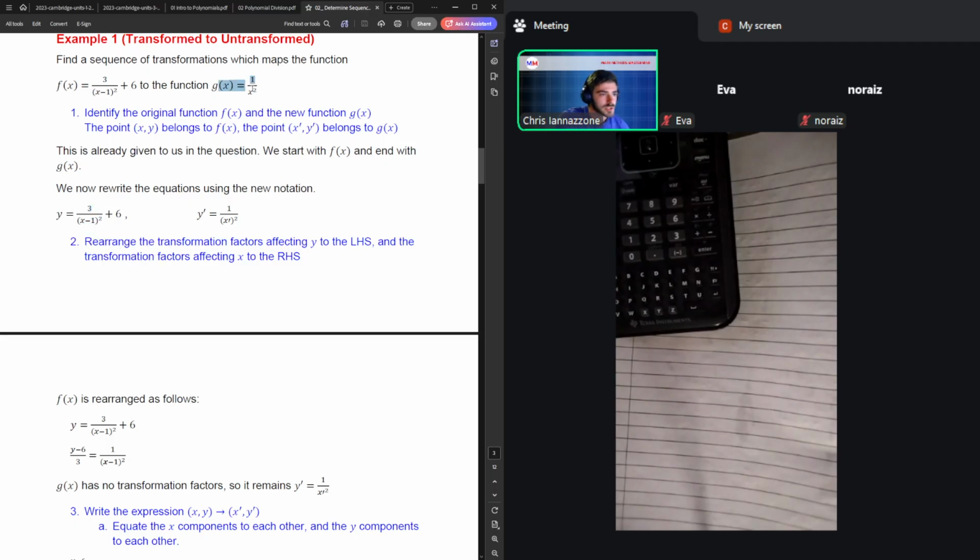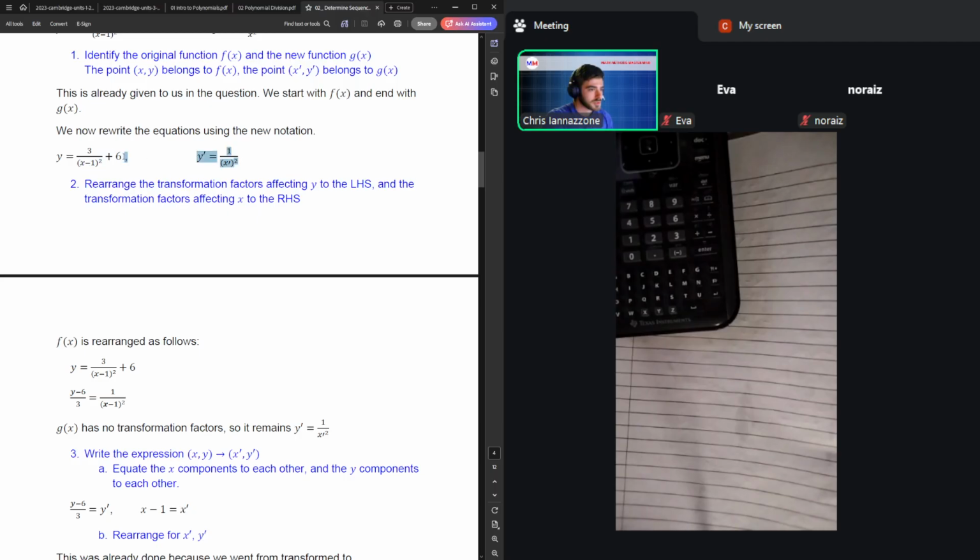And whatever the new function is, in this case g, that's going to get y dash and x dash. The reason why I wouldn't use g as is because both of these have x in them. What you want to have is a differentiation between the y and x from one function and the y and x from another function. So if you really wanted to, you could say g(x dash), but again, all we're trying to do here is get our head straight on what came from where.